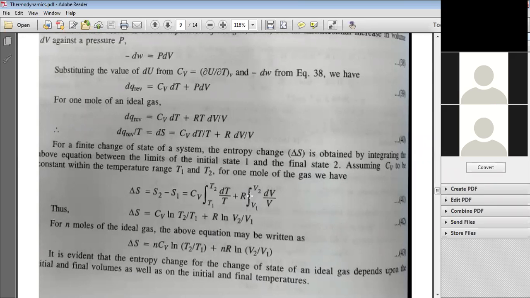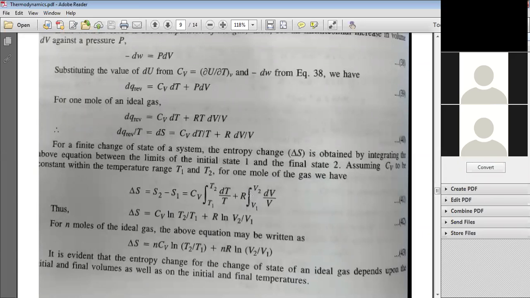Now we can also simplify this formula as delta S equal to Cv times ln T2 by T1, because the integration of 1 by T is ln T, and if we substitute the upper and lower limits, we will have Cv times ln T2 by T1.